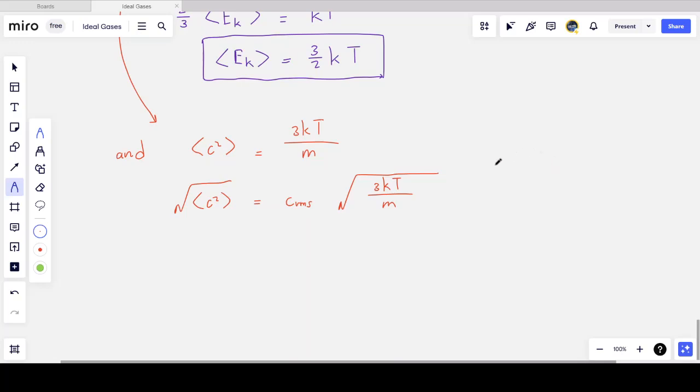Why do we use the root mean square? Why can't I simply just use the average speed of molecules? That's because for particles moving at random, I have speed c1 and speed c2 and speed c3. If I were to consider the average velocity of these molecules, let's use c since we stuck with the convention c, if I consider the vector quantity, it would be 0.